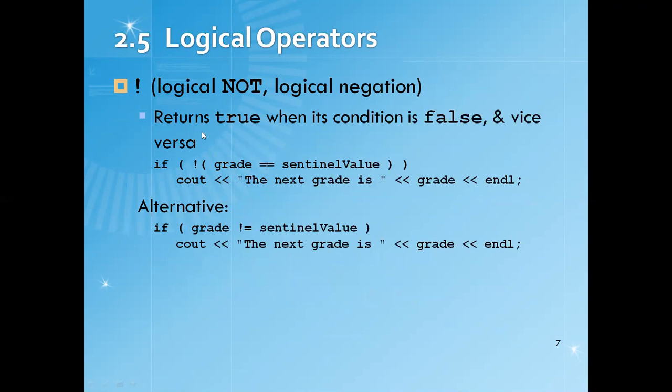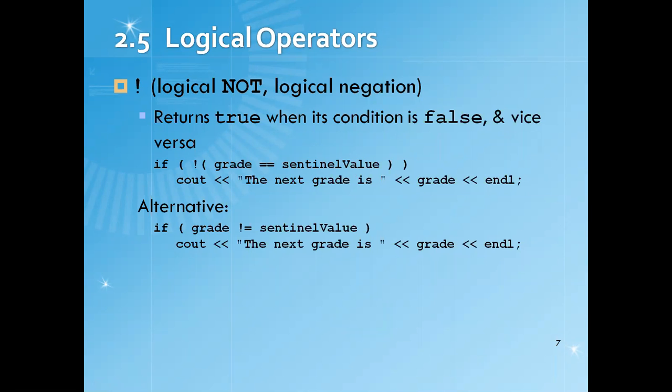Then we also have NOT, using this symbol. As explained before, if grade is equal to the semester value, and before that you include the bracket and add this symbol, it means the opposite of the result.